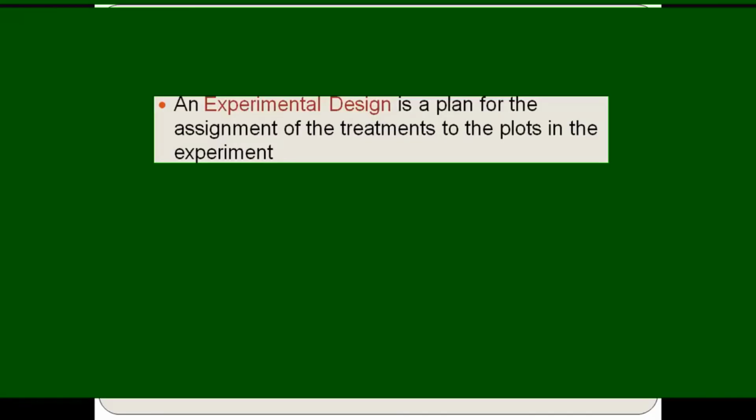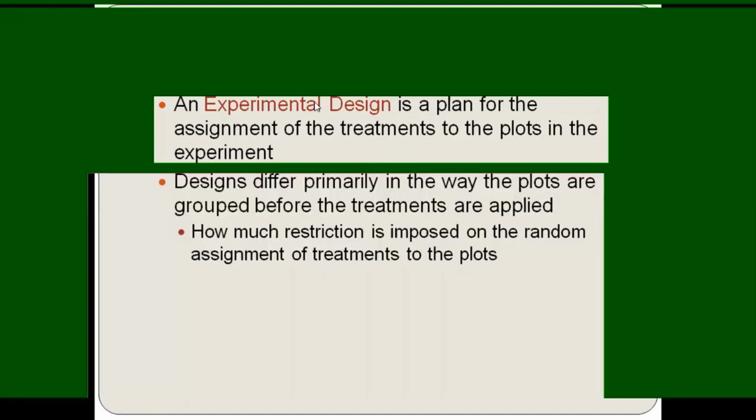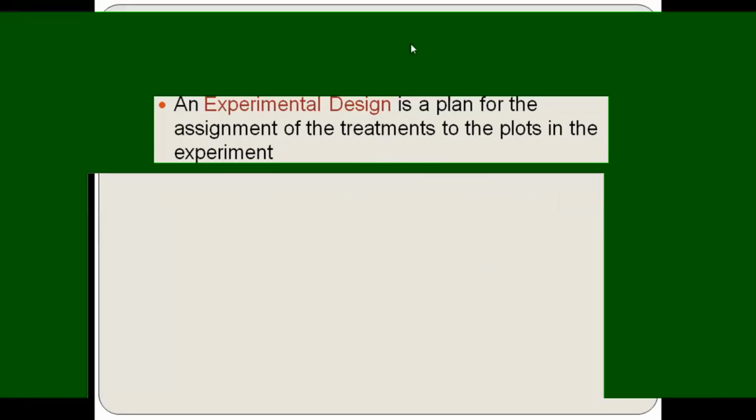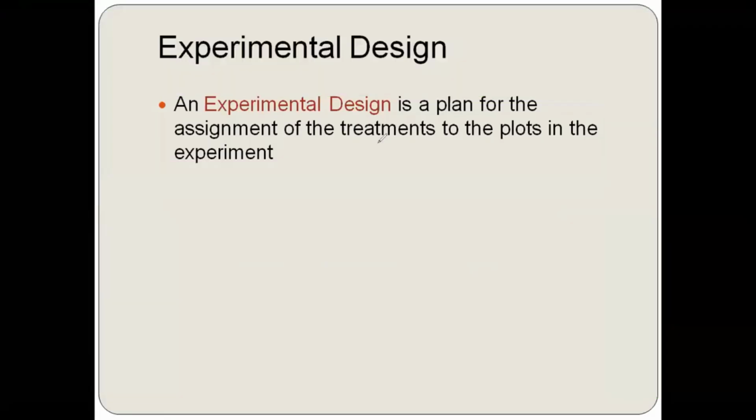What is this experimental design? An experimental design is a plan for the assignment of treatments to the plots in the experiment. Suppose, for example, I have 4 treatments, T1 to T4.